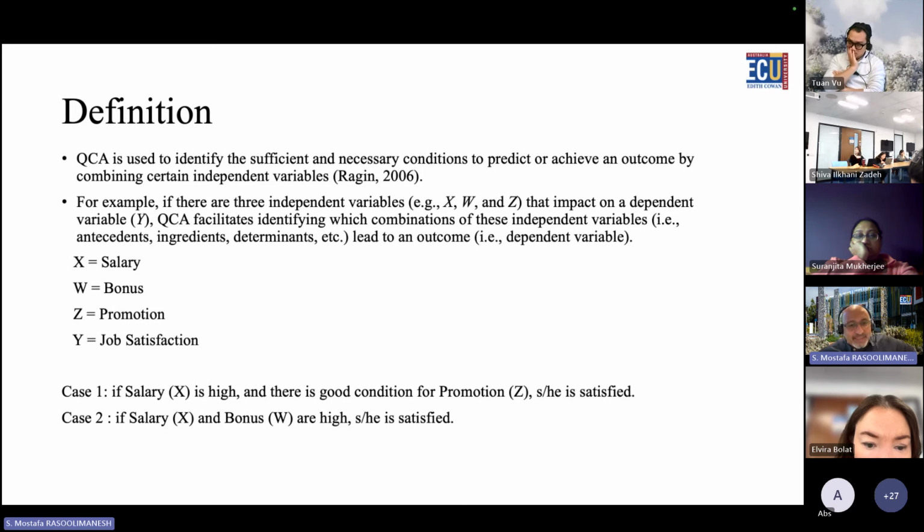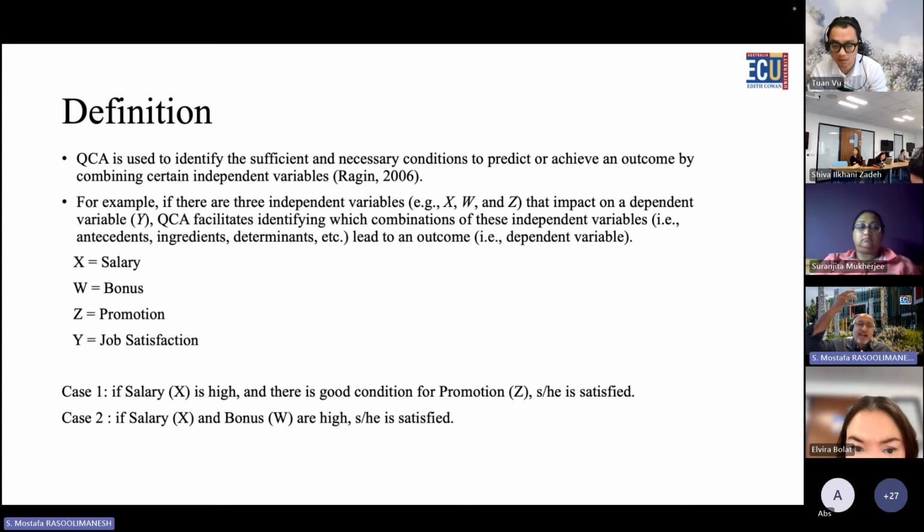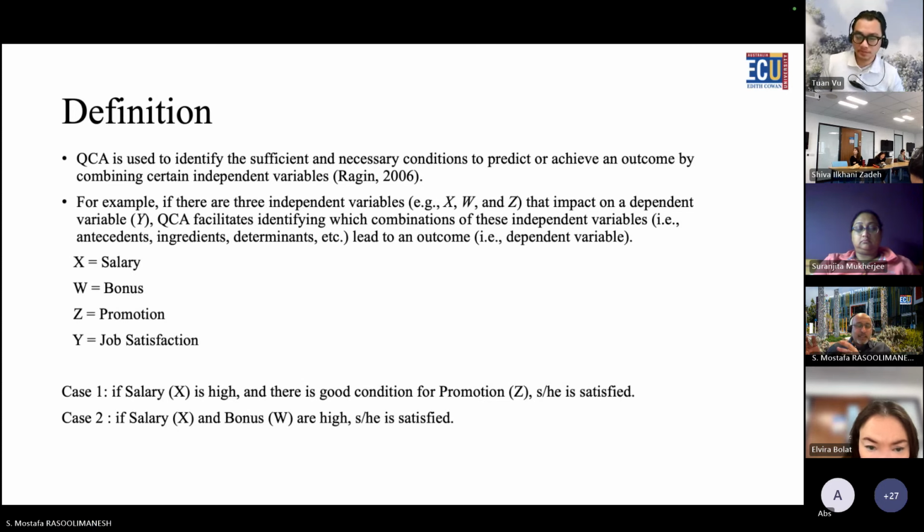So at the end, if we combine these situations together and just test the effect of salary, bonus and promotion on job satisfaction based on the average that we get from different groups, maybe the impact of one group is changed by the values and answers that we have from other groups.